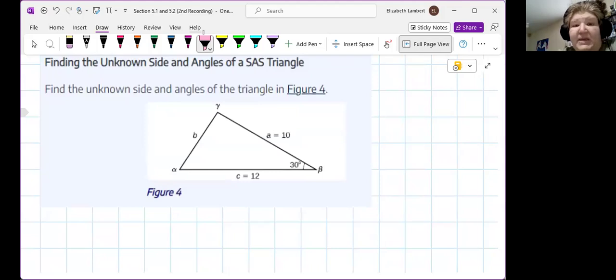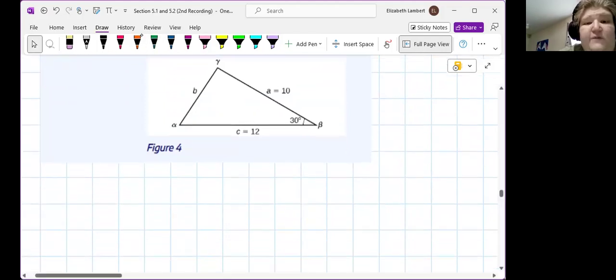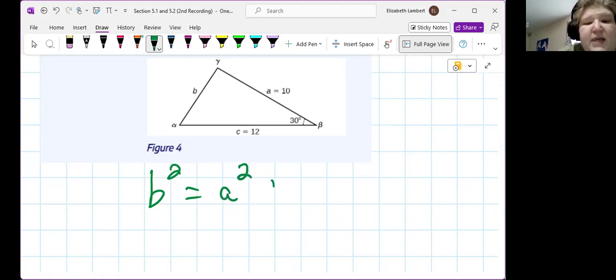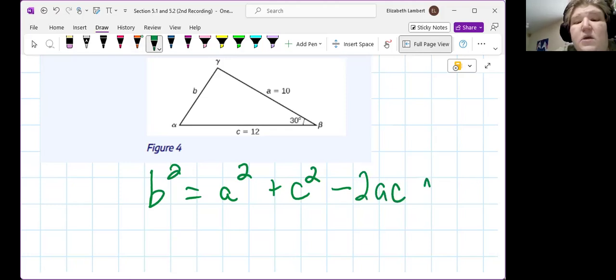We want to figure out B, so we're going to use that form of the law of cosines, the one that starts with B squared. Then this has to be A squared plus C squared. So B squared equals A squared plus C squared minus 2AC cosine of, we started with B squared, so it will be cosine of beta.